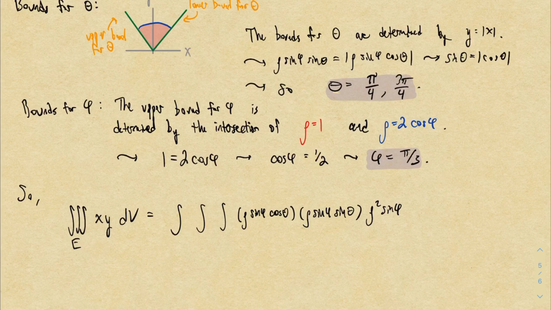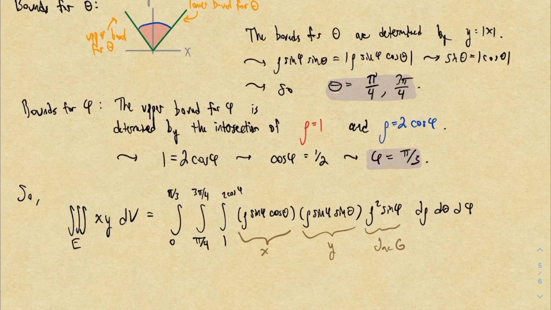The Jacobian of the spherical coordinate transformation is rho squared sine phi. And then, like I mentioned in the previous video, usually it's a good idea to think about doing rho first, and then, for example, theta and phi. And this is another example where we have to do it this way because the rho bounds that we cooked up depend on phi. So I'll put d rho on the inside, I'll do d theta d phi, pop in the bounds that we found earlier, and then we congratulate ourselves on a job well done.